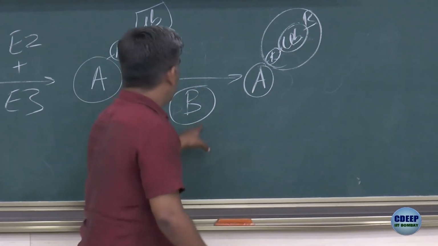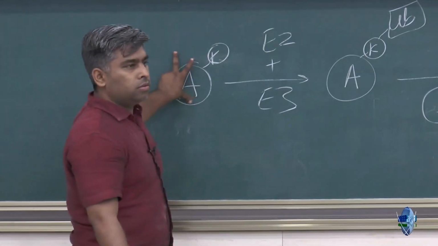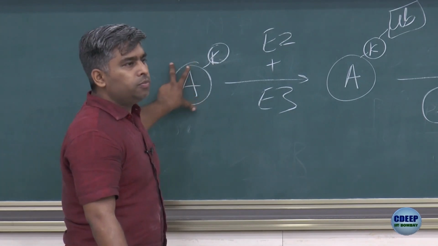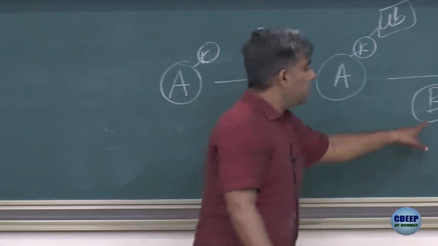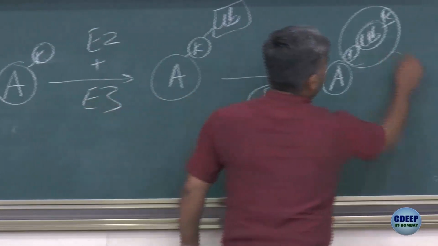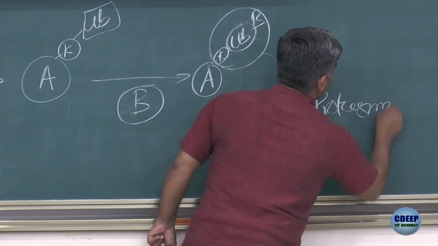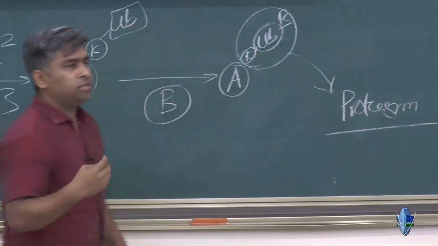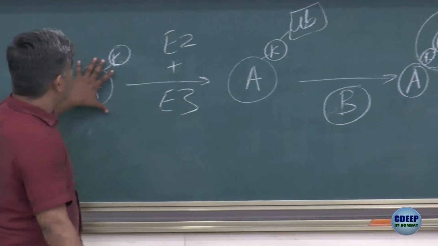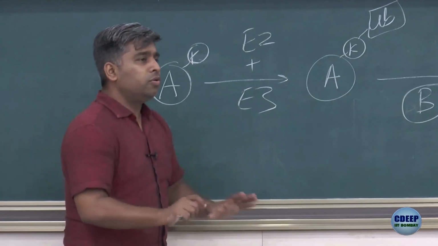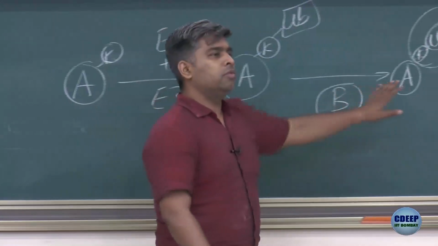If let us say this protein A is a bad protein, which means that the system wants to get rid of it, then this protein B will take it to the proteasome for degradation. If you think that protein A is a good protein, getting ubiquitinated only upon signal, then protein B might not take it to the proteasome.